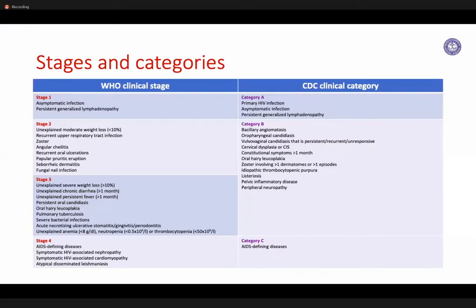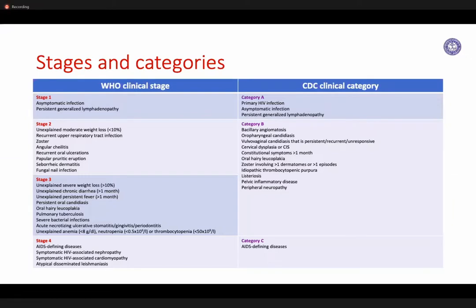Stage 2 and stage 3 on your left-hand side, the WHO clinical stage, is combined into CDC clinical category B. There you have some very different set of diseases, bacillary angiomatosis, then cervical dysplasia, then listeriosis, and so on. Now, this shows the reason why the WHO and the CDC categorizations are different.